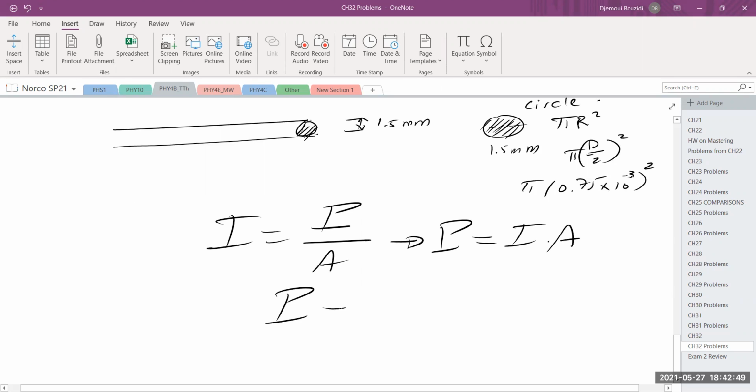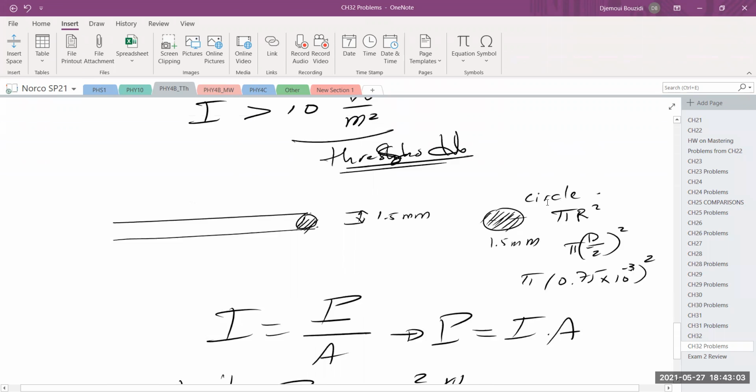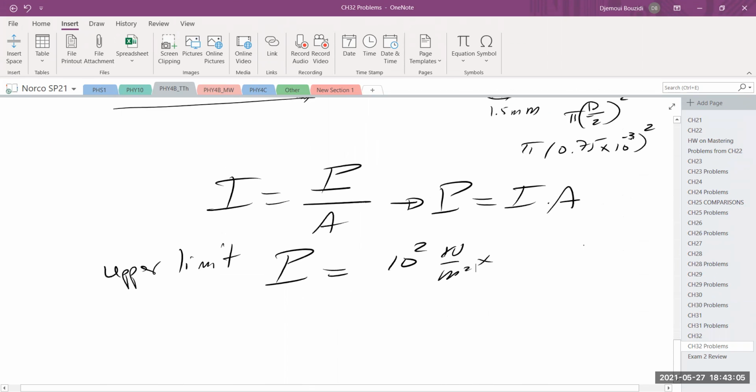And the power then must not exceed, so this is an upper limit, this value, which is equal to 10 to the power 2 watts per meter squared times this area, which is pi times 0.75 times 10 to the negative 3, the whole thing squared.